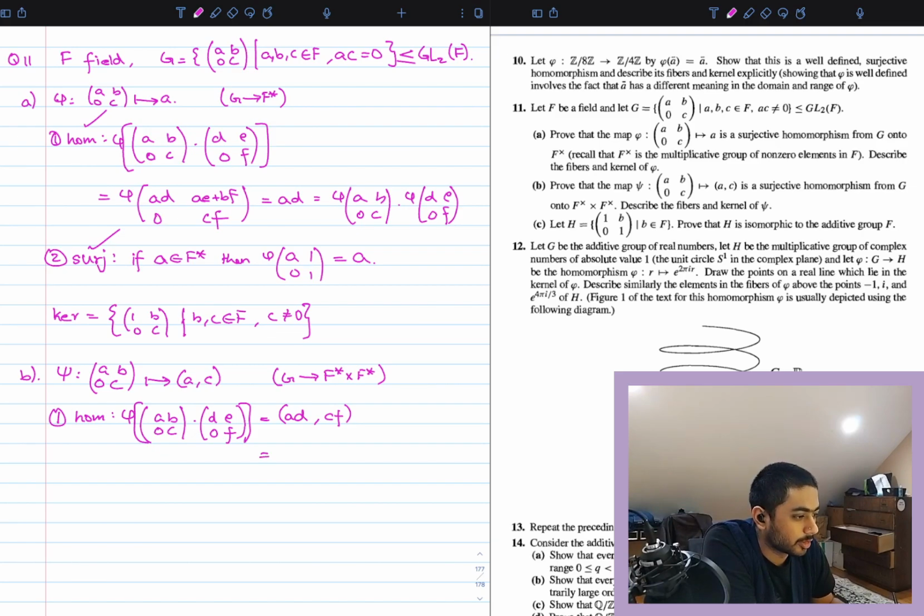And then be like, look, this is also just (A, C) times (D, F), which is exactly phi of this and phi of this. So it's a homomorphism. Okay, what about surjectivity?